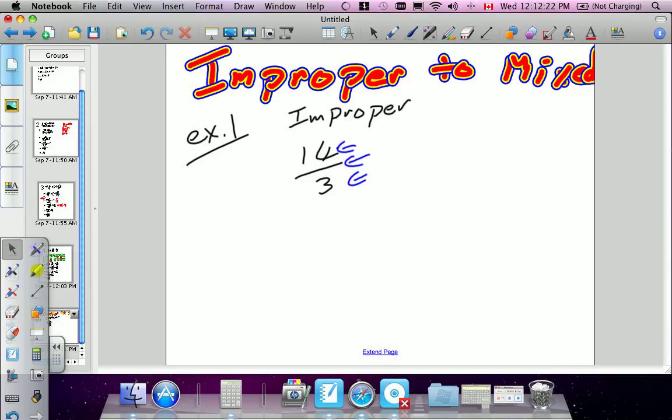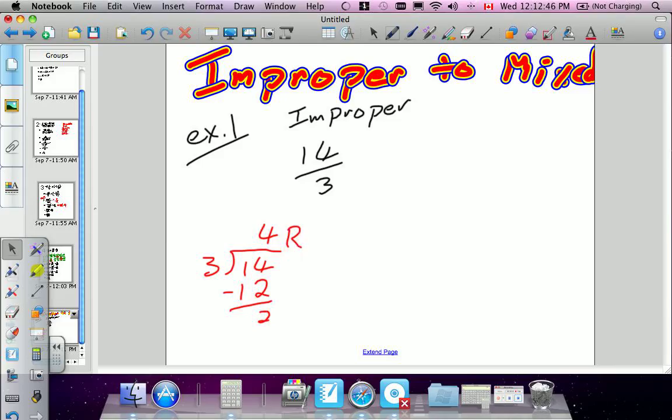So I'm going to put over here on the side 14 divided by 3. I'm going to divide these two numbers. So 3 goes into 14 how many times? 4. 3 times 4 is 12. Subtract, we get 2. And I have a remainder.